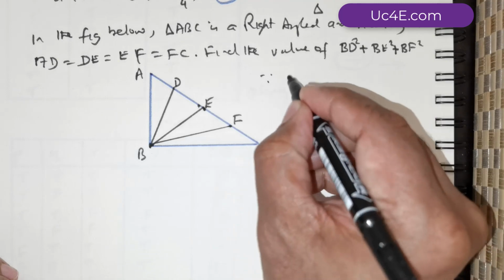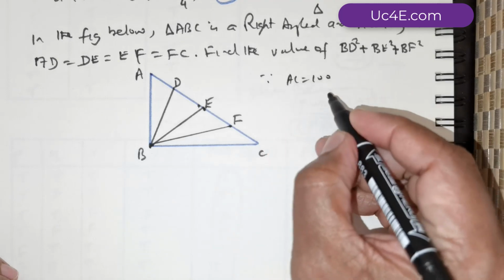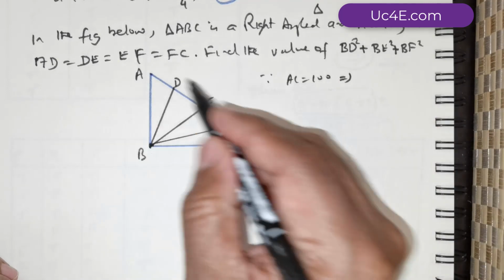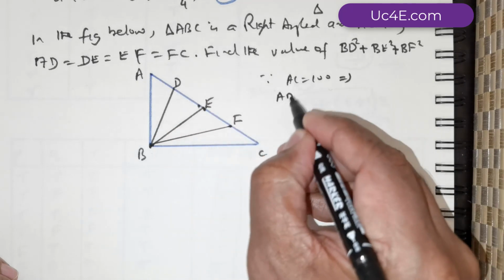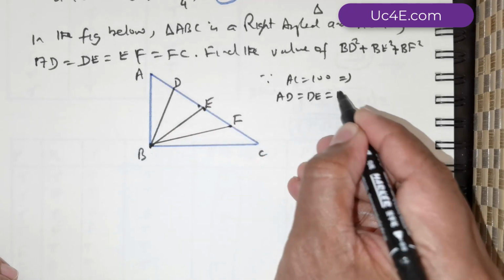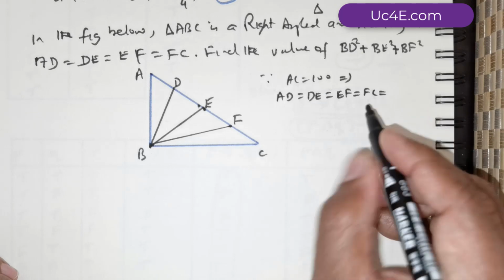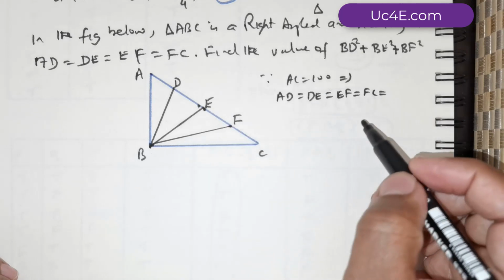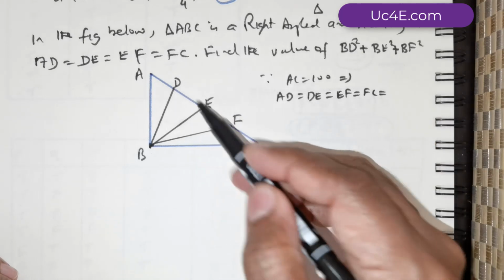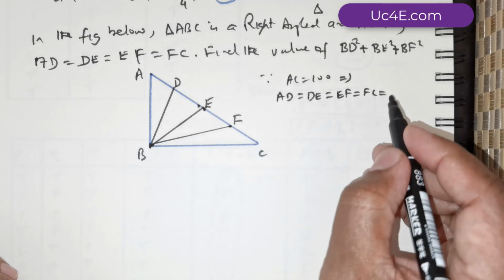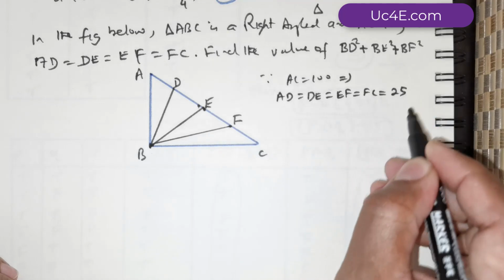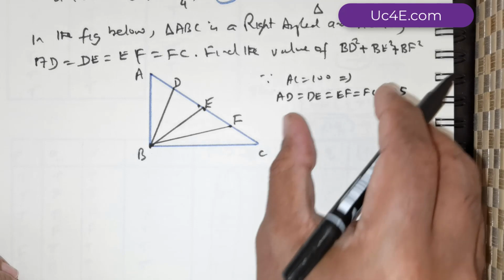Now, since AC is equal to 100, this would mean each of these sides, AD is equal to DE is equal to EF is equal to FC is 1, 2, 3, 4. That means we got 25 units.